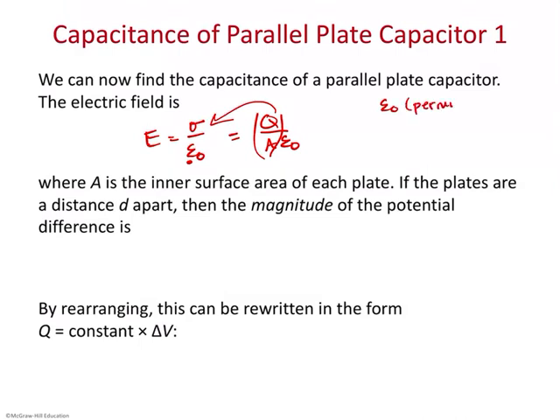And this epsilon, this permittivity constant, is equal to 8.85 times 10 to the negative 12 farads per meter. Also, A is the surface area of the plate, and d is the distance. So if you have something that involves a distance, then you could also use this equation.